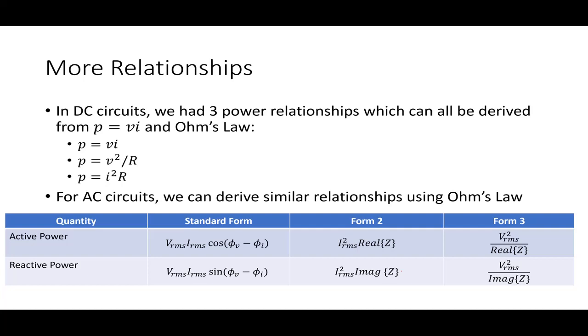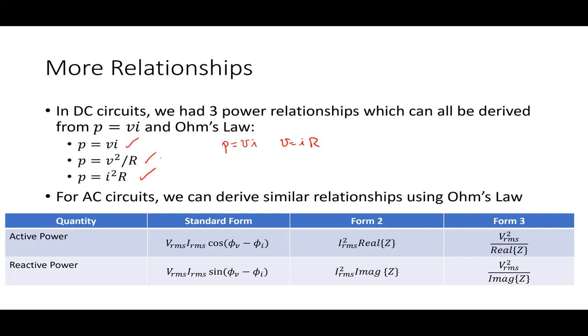We can derive all kinds of stuff all day long, but we knew that in DC circuits we had three key relationships we got from Ohm's law: P equals VI, P equals V squared over R, and P equals I squared R. All of these use the fact that P equals VI and voltage equals IR. You can manipulate this all day long to get these three relationships.